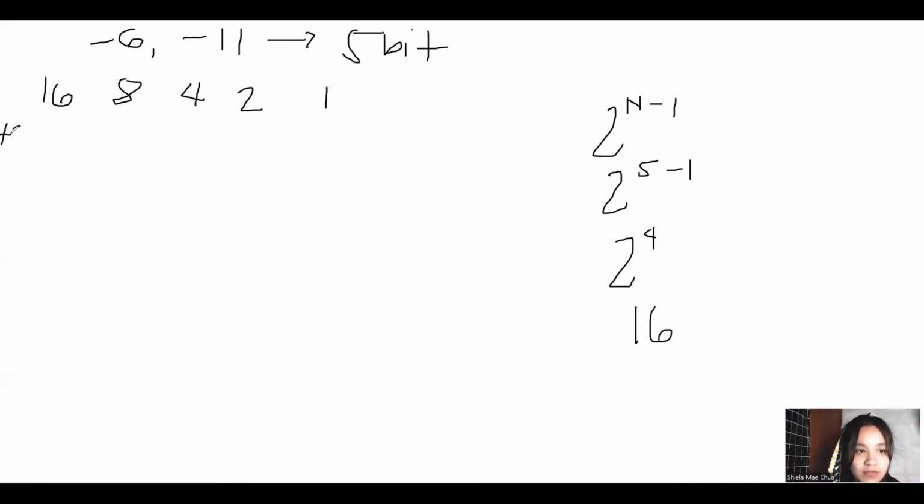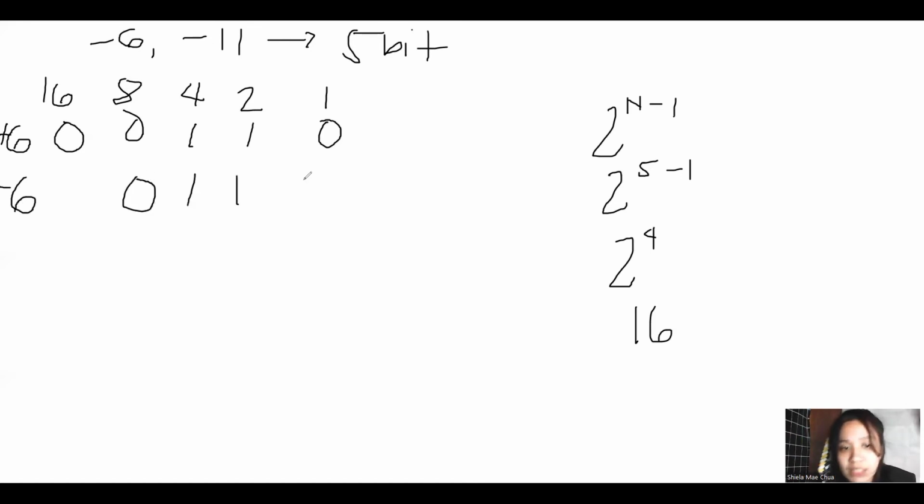To express negative 6, we just need to know the binary number of positive 6. Positive 6 is 4 plus 2. So we will put 1 under the 4 and 2, and 0 to 1, 8, and 16. Now, to get the binary number of negative 6, first we just need to copy the magnitude and then change the 0 sign bit to 1.